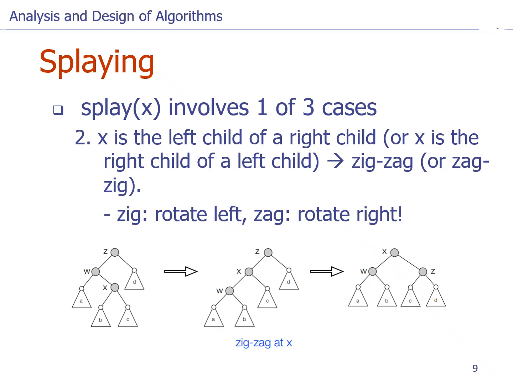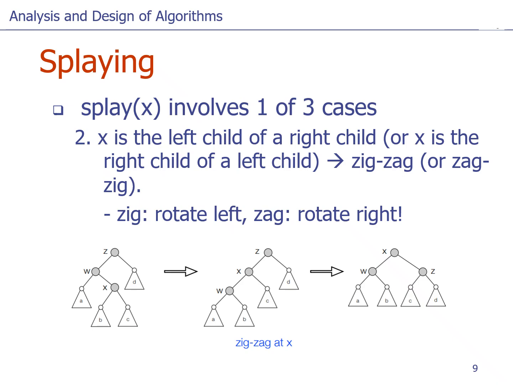So zig-zag means rotate left and then rotate right. Zag-zig means rotate right first and then rotate left. So let's see a zigzag operation. Because X is the right child of a left child, I'm going to do zigzag.